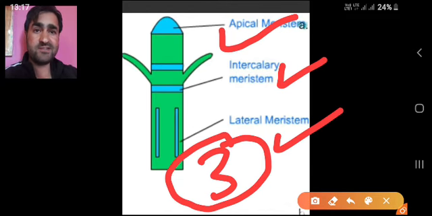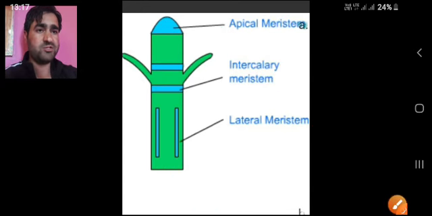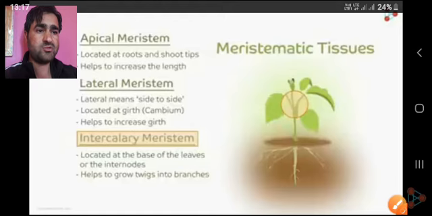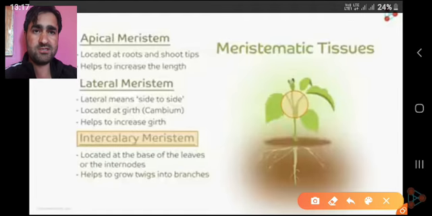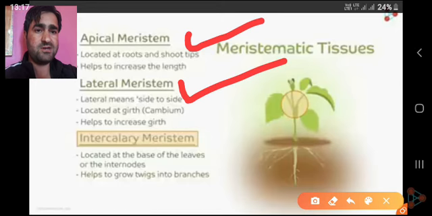So these are the three locations that are to be grown in size. And here we have meristematic cells, because they are the cells which are capable of division.